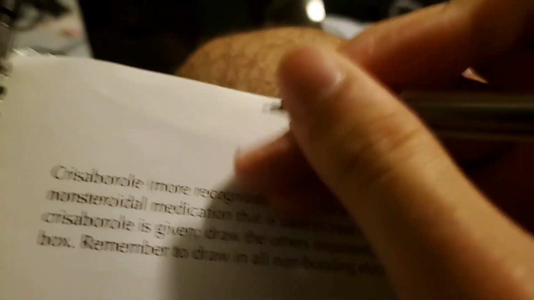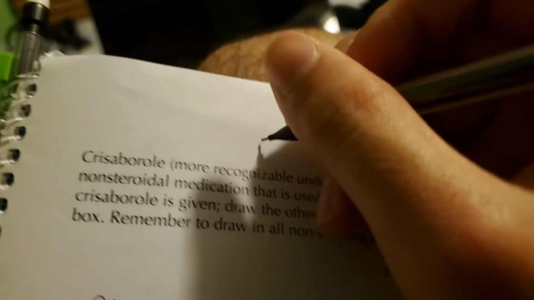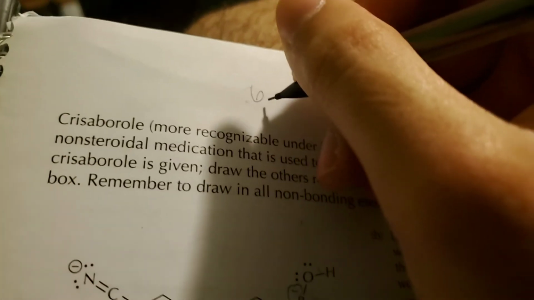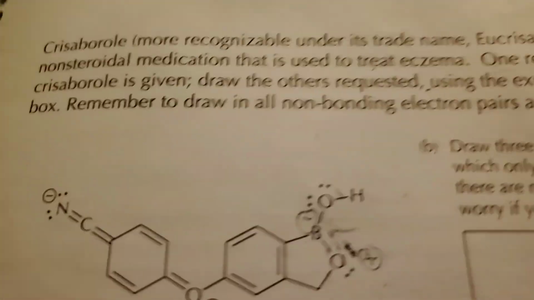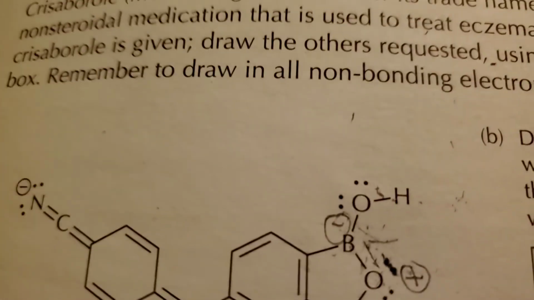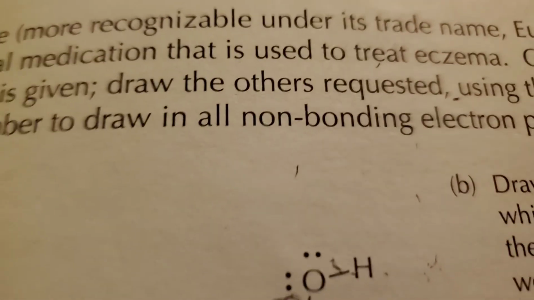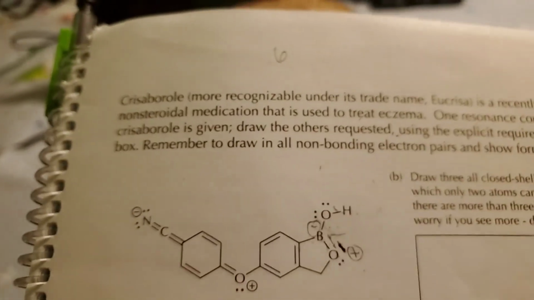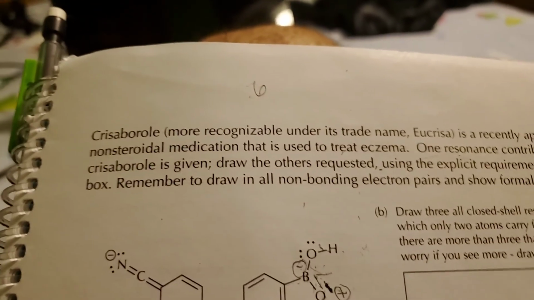Because oxygen is supposed to have 6 electrons because it has 6 protons. The idea is that you have as many electrons as you do protons. So oxygen normally has 6 valence electrons.